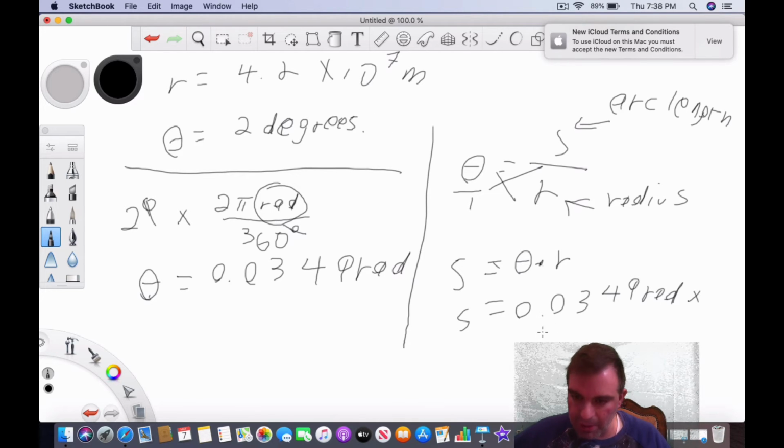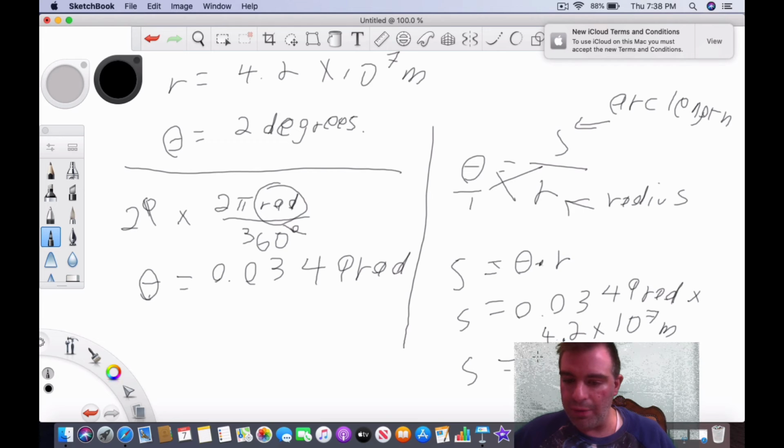I don't have any space, so forgive me. I'm going to write it at the bottom. So it is 4.2 times 10 to the 7th meters. And when we multiply these two, we should get an arc length of 1.48 times 10 to the 6th meters.